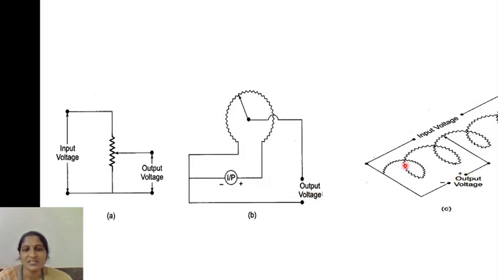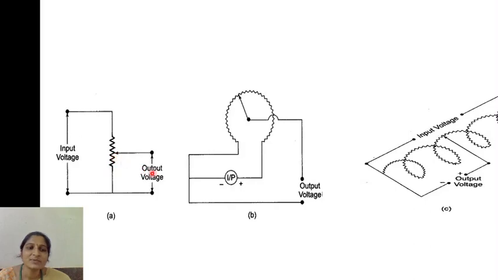In all these three we can observe we need an input supply given to both ends of the resistance, and at the other terminals, that is the wiper and the neutral, you get the output voltage. Based on the position of the wiper, you get the output voltage, proportional to the length of the resistance used.